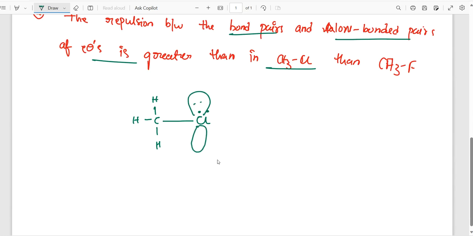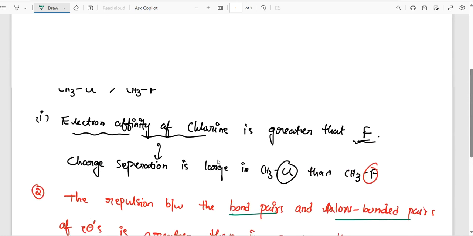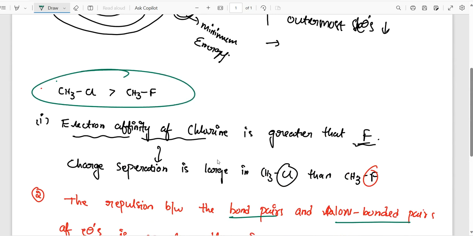The lone pairs of electrons are indicated in this way, with large loops. Here we observe that the repulsions between these bonded pairs and non-bonded pairs are high. That's why the polarity increases. Then CH3F. That's why this is the second reason why CH3Cl has a higher dipole moment than CH3F.